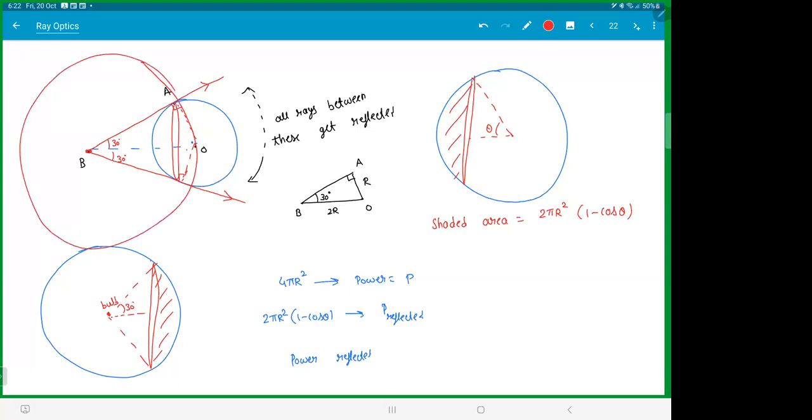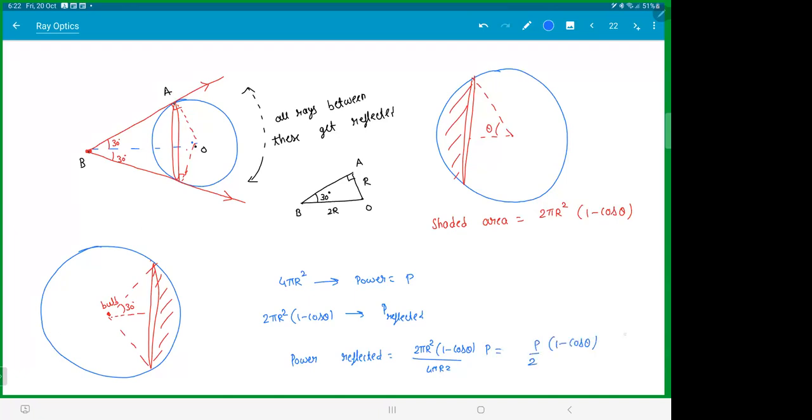In that, the 60 degrees part was going off. So you should not take a linear function, you should take it as angles. Power reflected would be, by the unitary method, 2 pi r square (1 minus cos theta) by 4 pi r square times P, that is P by 2 (1 minus cos theta). Theta is 30 degrees.